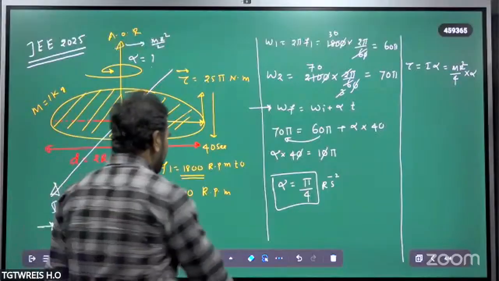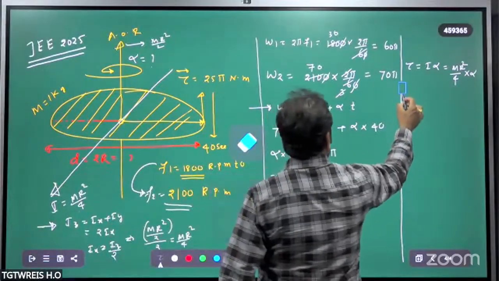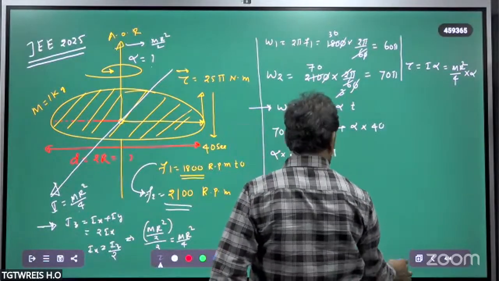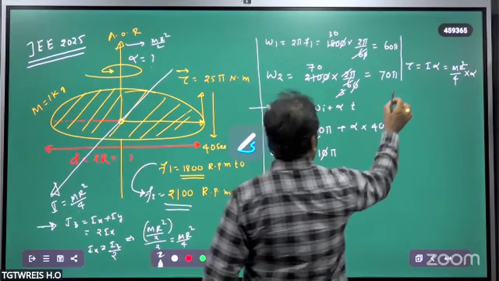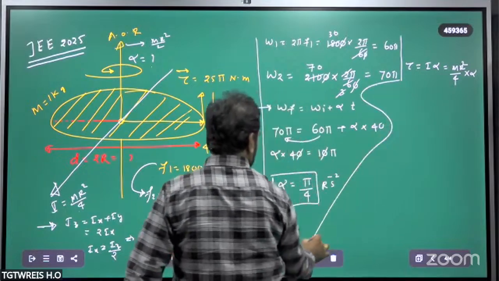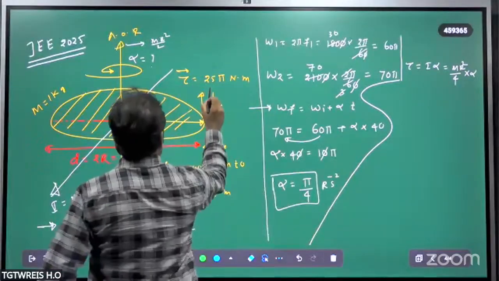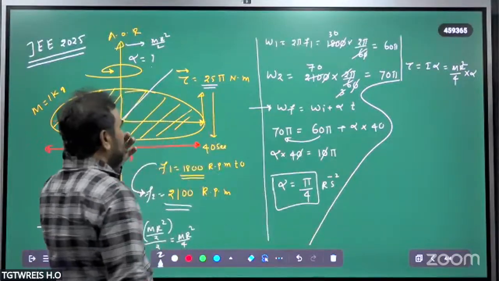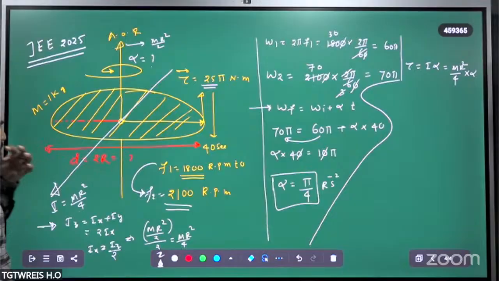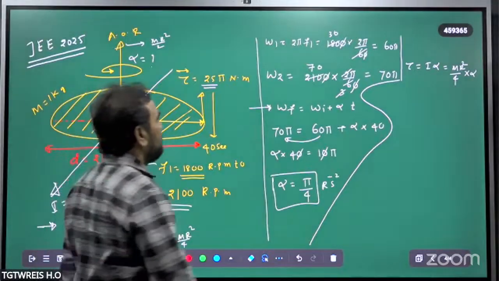But the torque value was given. What is the value of torque here? The torque was given as 25 pi newton-meters. Substitute that value in that equation.